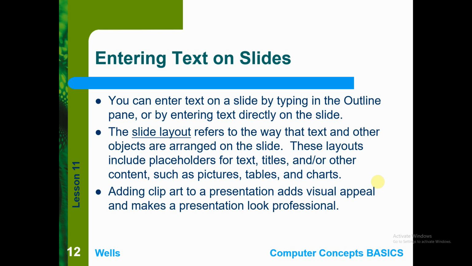The slide layout refers to the way that the text and other objects are arranged on the slide. You will see that each slide has a version with specific locations for your layout. For example, there are placeholders already for text, titles, pictures, and tables and charts.